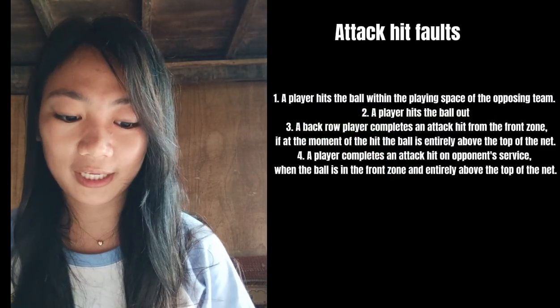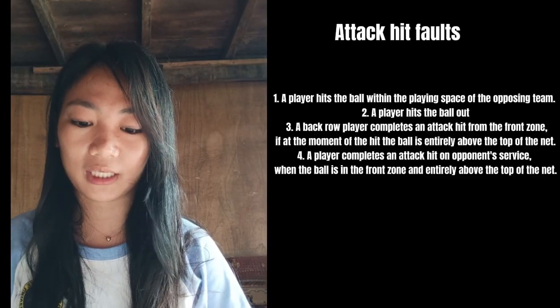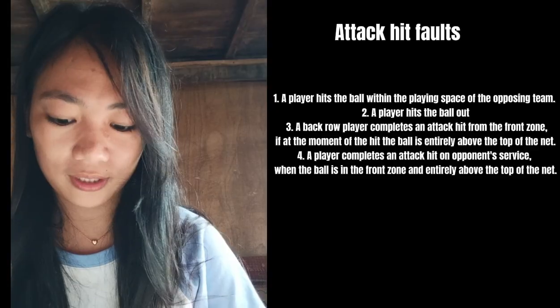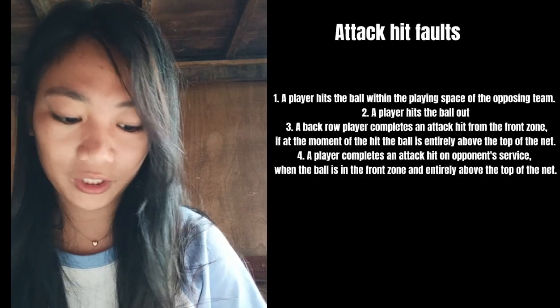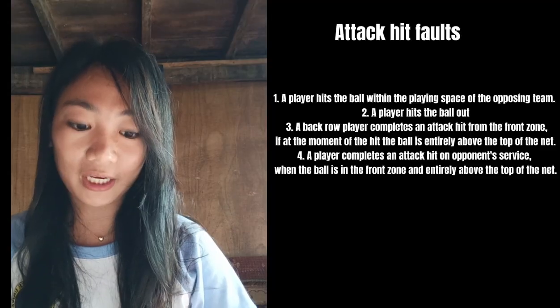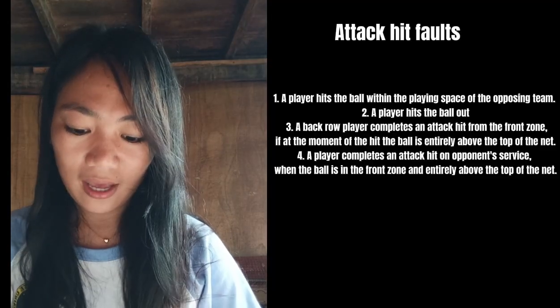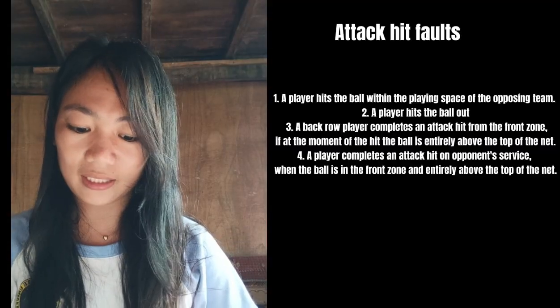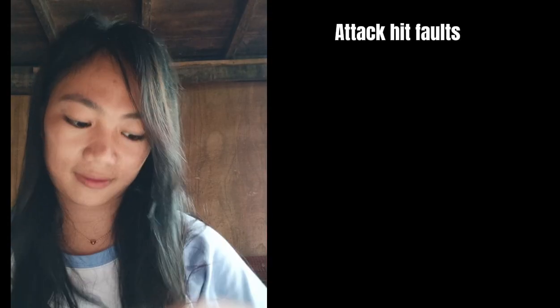First, a player hits the ball within the playing space of the opposing team. Second, a player hits the ball out. Third, a back row player completes an attack hit from the front zone. And last, a player completes an attack hit on the opponent's service, when the ball is in the front zone and entirely above the top of the net.